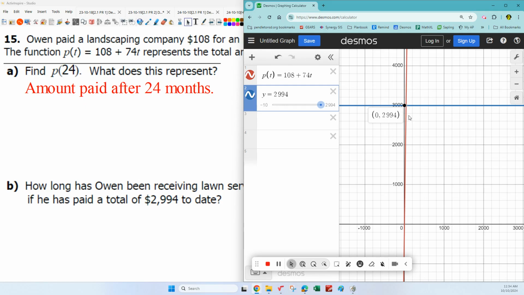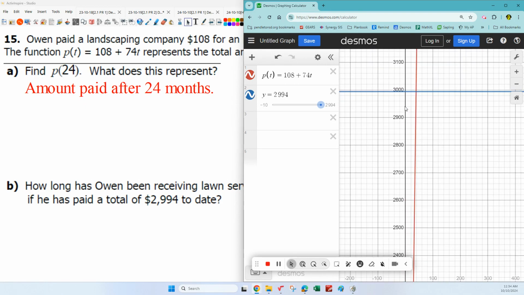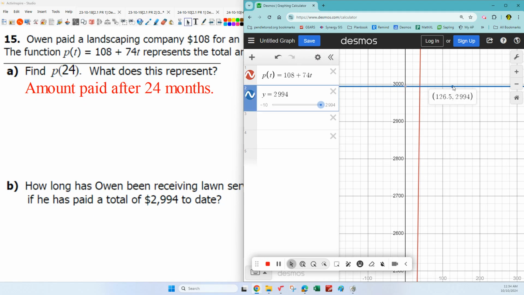It just gives you options for all the interesting points. So what I should probably do here is zoom in a little bit so I make sure I get the right point. I want that point, not that one, right? I want the point of intersection, so I'm going to choose that one. So what's the answer? How long has he been receiving lawn service then? 39 months. Yeah.